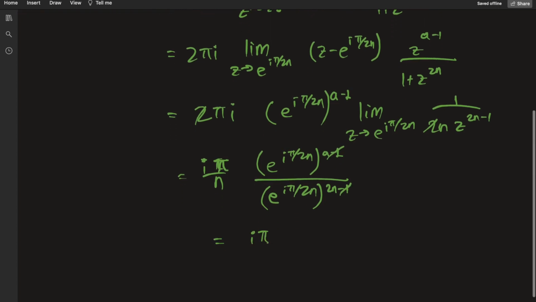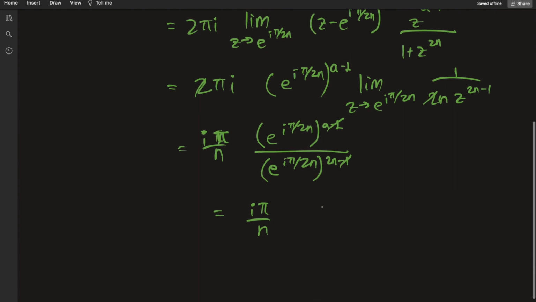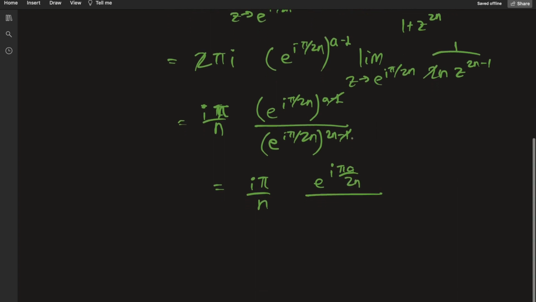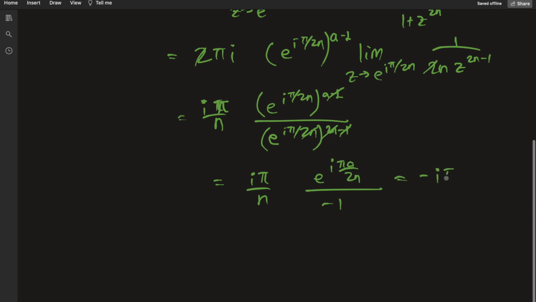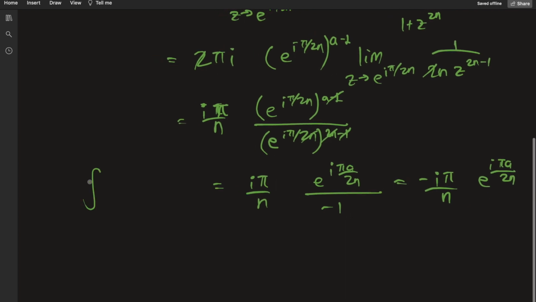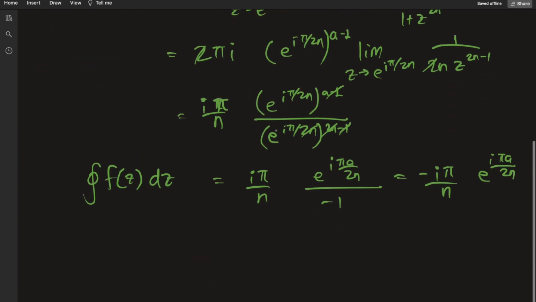We have i pi over n, e to the i pi a over 2n, divided by the 2 pi's cancel. e to the i pi is negative 1. So this finally becomes negative i pi over n e to the i pi a over 2n. And that is precisely the value of the contour integral of f of z dz by the residue theorem.